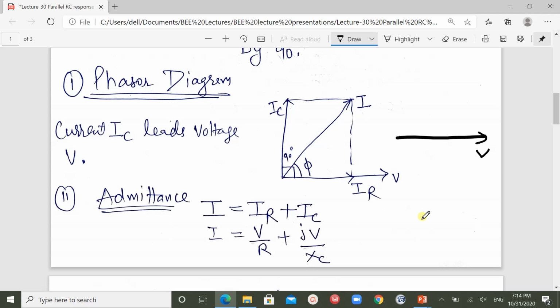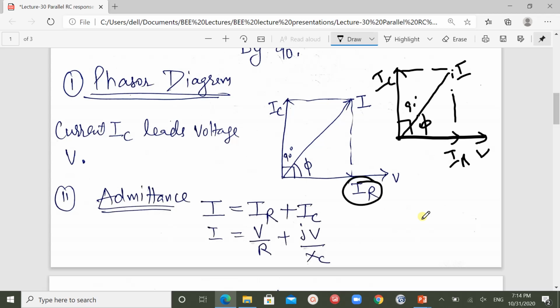Because voltage is the same in parallel circuits, and the current across the resistance is in phase with the voltage, and the current in the capacitor leads by 90 degrees. So using the rectangular form we join these two, and this is our resultant current I, and this is angle 90 and this is angle phi. So this is clearly shown in the figure.